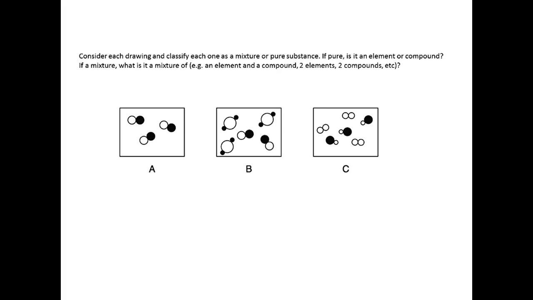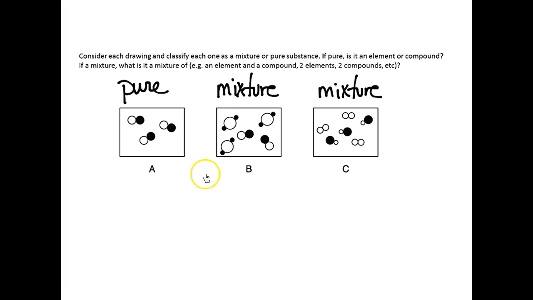So if we categorize these, it looks like A is pure because it only has one substance. That substance is a compound, right? So A is a pure compound. B is a mixture, and C is also a mixture because there's two different substances present.